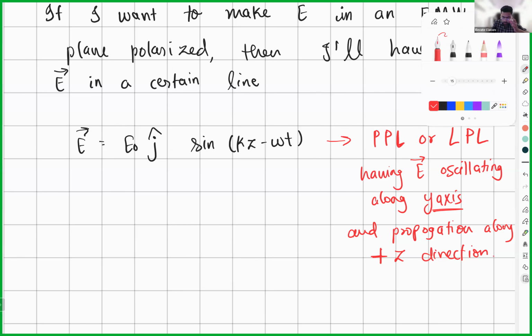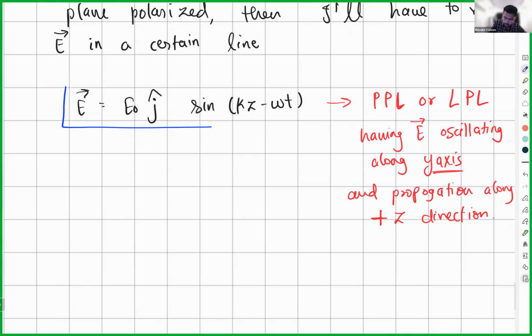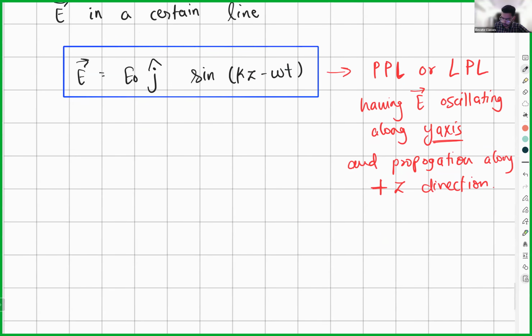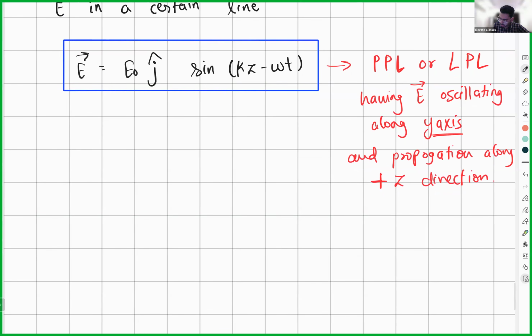Okay. So this is such an electric field. Now this type of electric field can be expressed something like this. This is the direction of propagation, plus z direction.